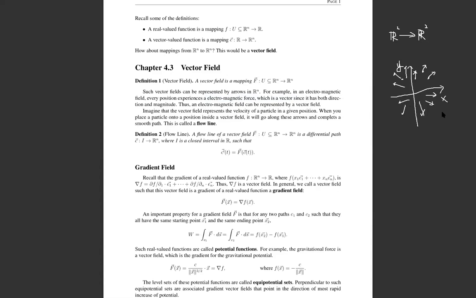So in this case, if this is an electromagnetic field, then in each position you have a force that pushes in this direction with a certain amount of push. For example, in this case, this would have a smaller push compared to, let's say, this direction, which would have a larger push.